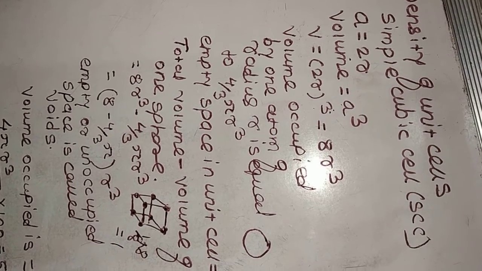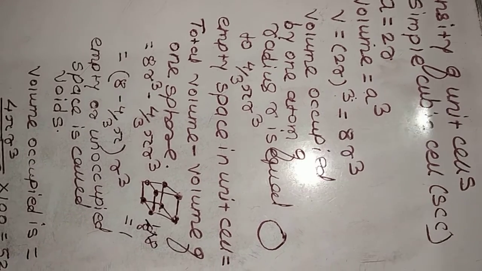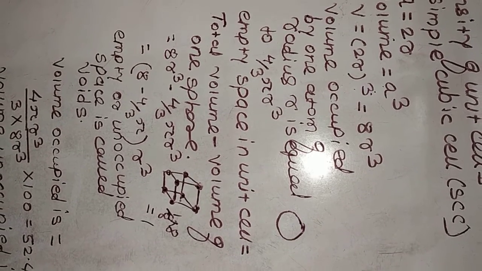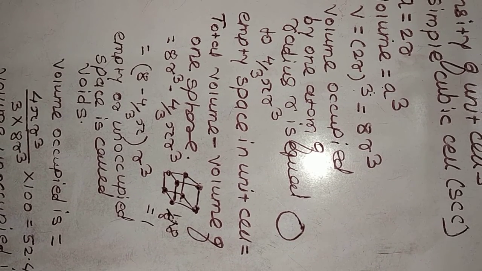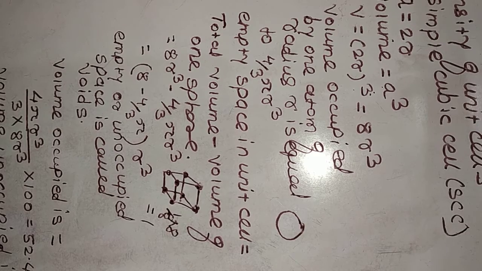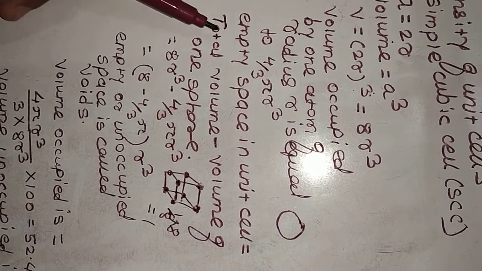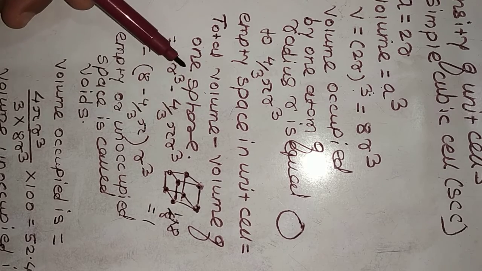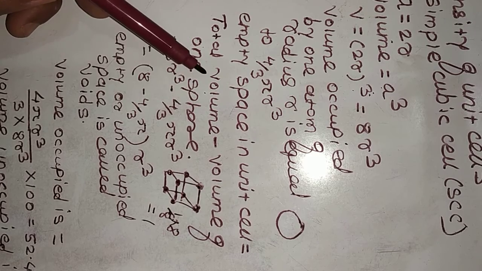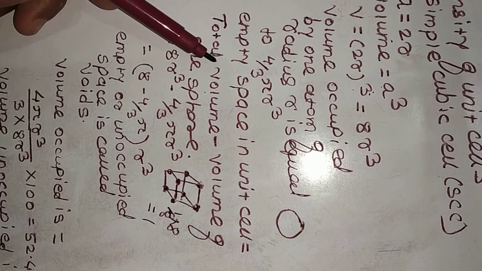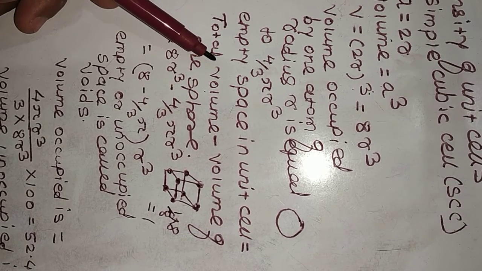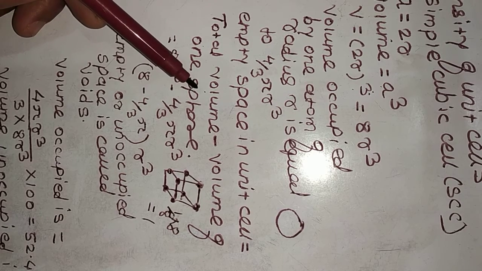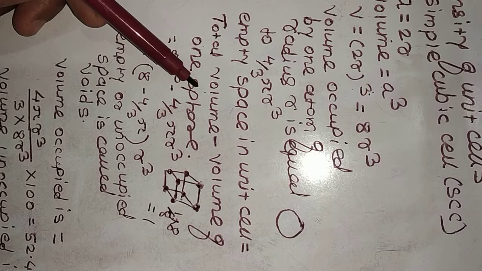Now you want to calculate the empty or unoccupied space. How can we calculate empty space in a unit cell? The formula is: empty space in unit cell is equal to total volume minus volume of one sphere, because in SCC there is only one atom, that's why only one sphere.